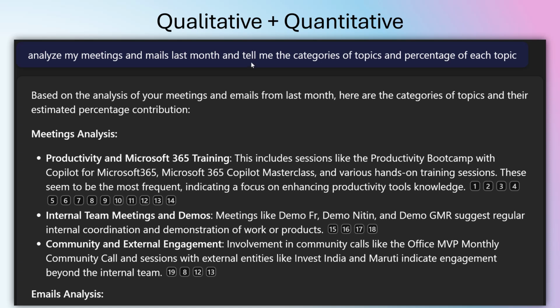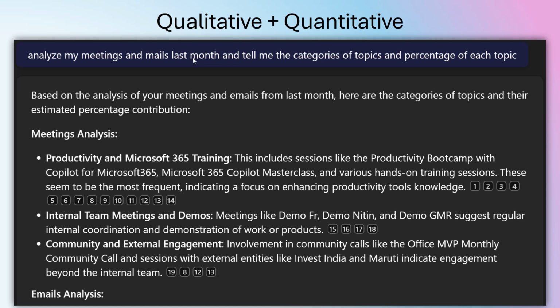So what am I saying? Analyze my meetings and mails across the entire month, and don't summarize anything. You tell me the categories of work I do and the percentage of time I spend on each category. Now that's a more complex thing to do. Imagine if you had to do it, you would take a long time understanding all this, tabulating it, converting it to percentage.